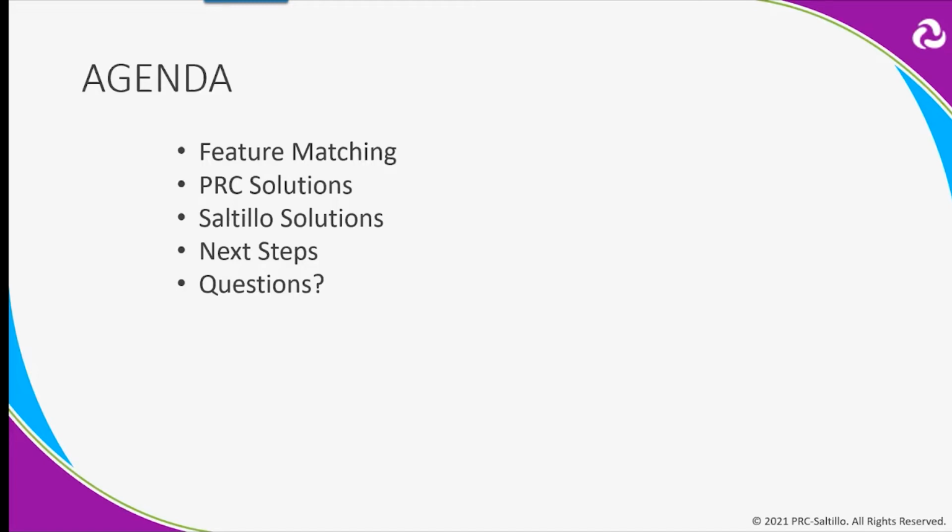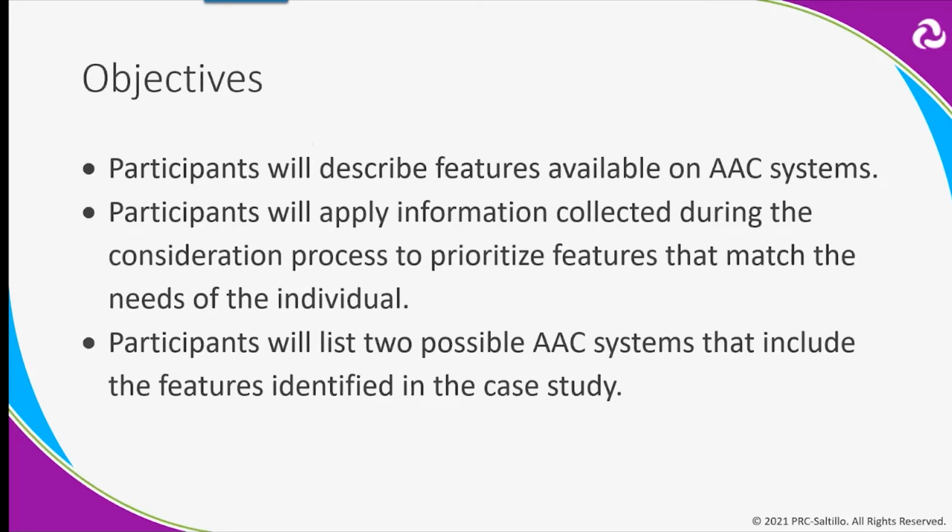We're going to look at PRC and Saltillo solutions, and we're going to look at those next steps. So now that you've started to match features, where do you go with it? That next word that we all hear, trial, what does that look like? We'll talk about that in our next session. And obviously we'll have time at the end for questions, but please use that chat window throughout this session.